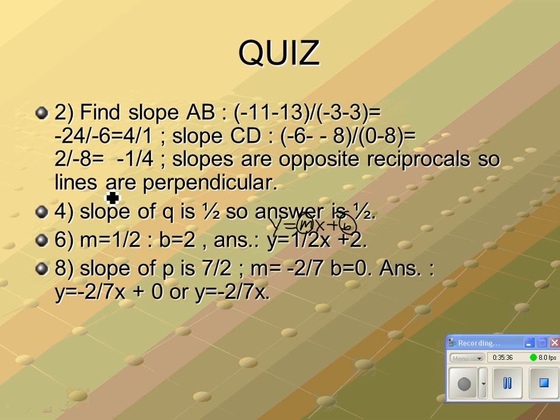And they told you it went through the point (0, 0), I think. So that means the y-intercept is 0. I would accept it if you wrote it this way and left the +0 on there. If you didn't leave the +0 on there because it's unnecessary, then it'd just be y equals -2/7 times x.